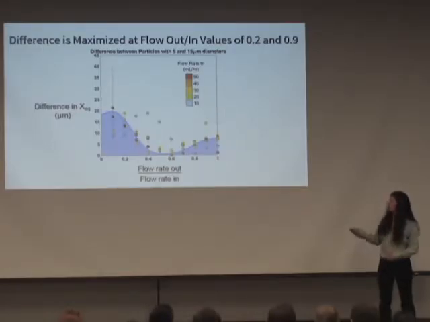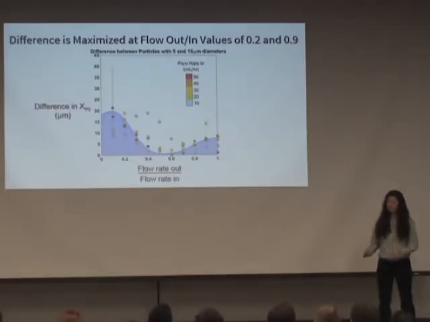With the exception of the 10 milliliters per hour, we see that the trend sort of goes like this, where the dip in the middle is where they cross over and don't have any separation in between. We also see, pretty cool, that at 0.2 and around 0.9, the separation is maximum. These are the sort of parameters that we're looking for to be able to separate particles most easily. And we can conclude that indeed changing the flow rate changes the different sizes of particles in a different way from one another.